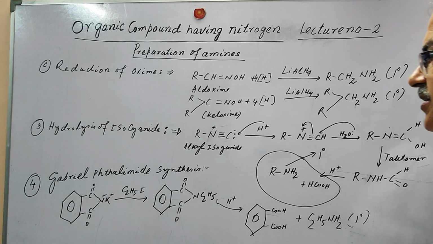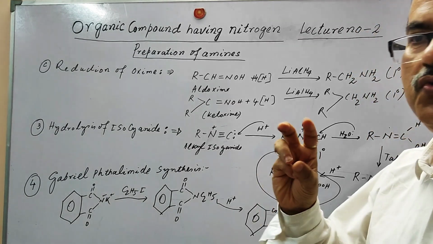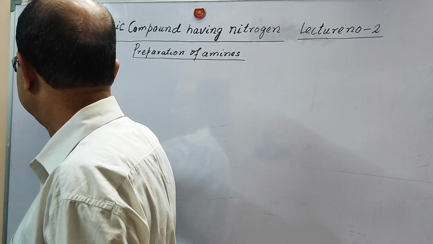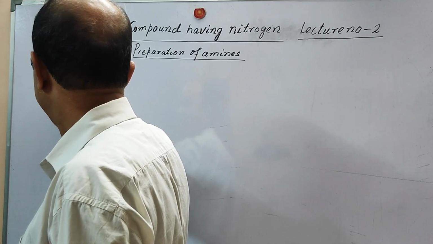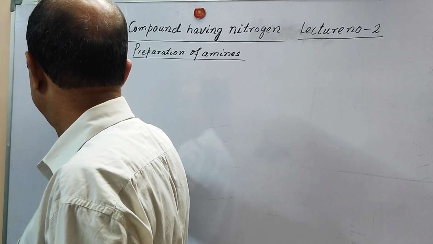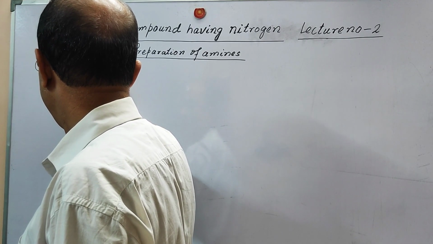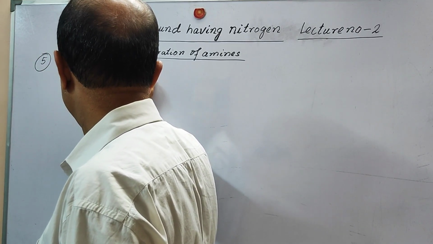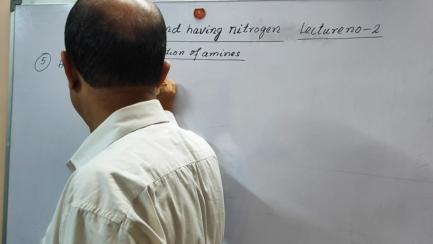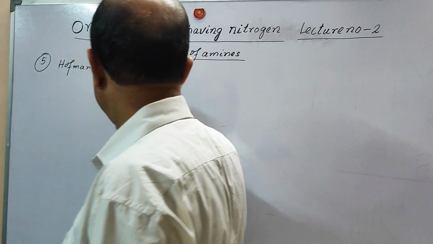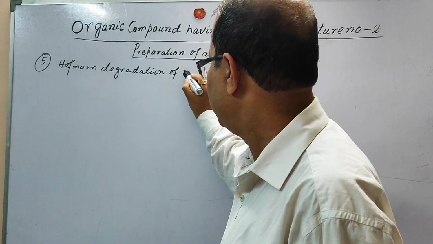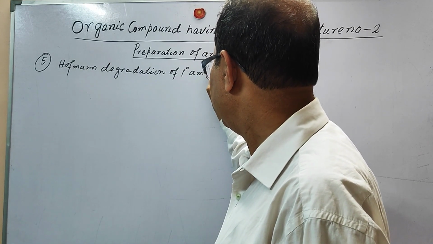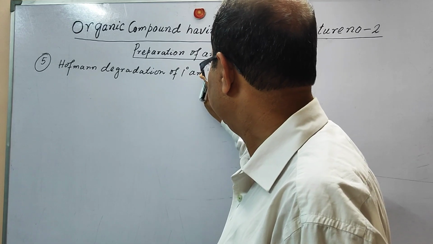Okay, now we are going to discuss another 2 important reactions. It is a very important reaction, that is the Hofmann degradation reaction, degradation of 1 degree amide.